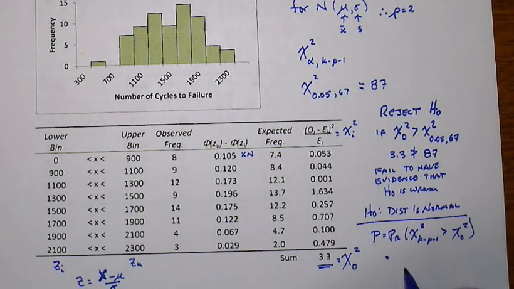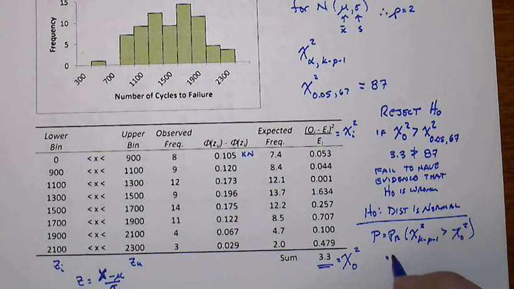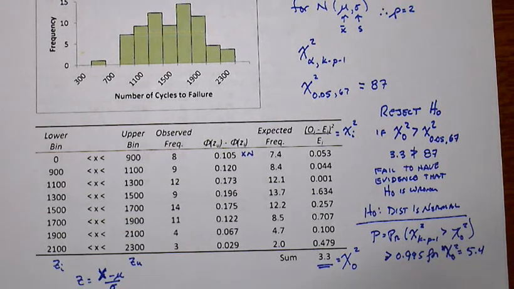And we find out that that is greater than 0.995 for this being equal to 5.4, and our number is even less than that, so this number is actually a little bit larger, and that doesn't really tell us a whole lot from a p-value standpoint.